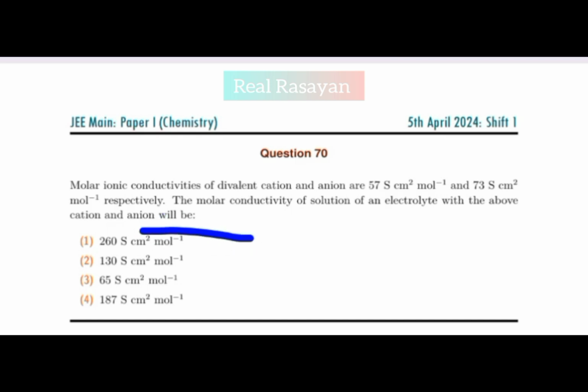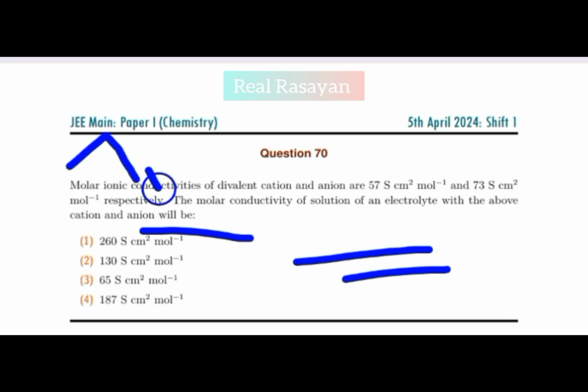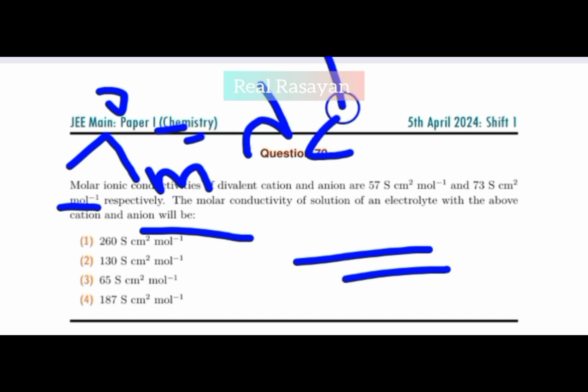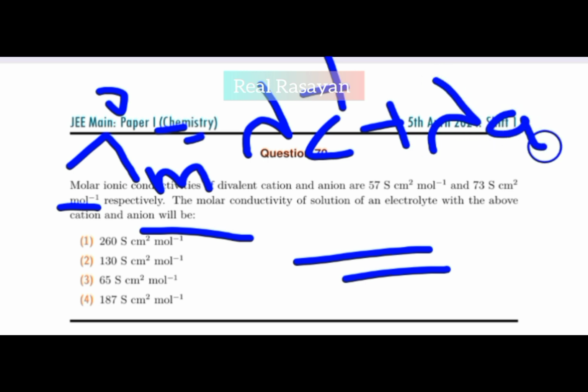So we have to calculate the molar conductivity according to the law at infinite dilution. The formula is: molar conductivity at infinite dilution, lambda m naught, equals the molar conductivity of cation plus the molar conductivity of anion.